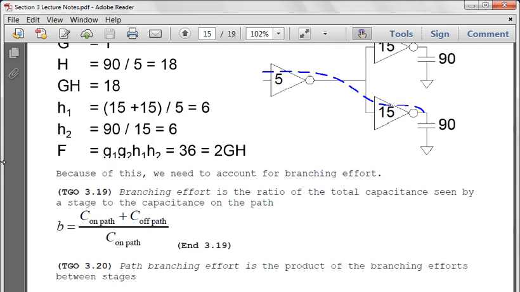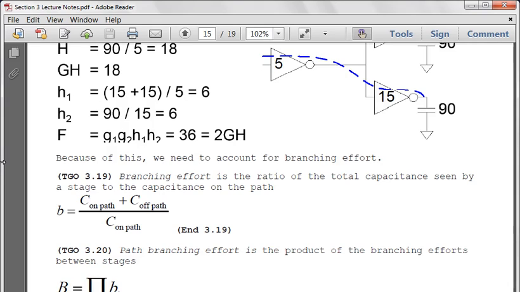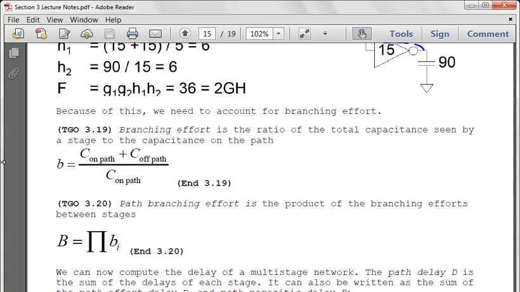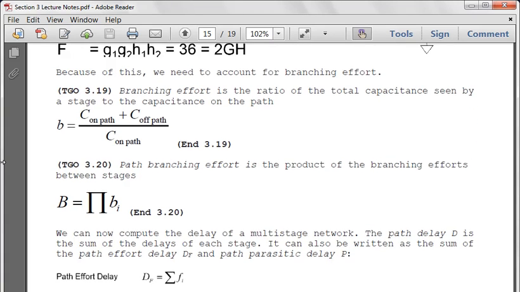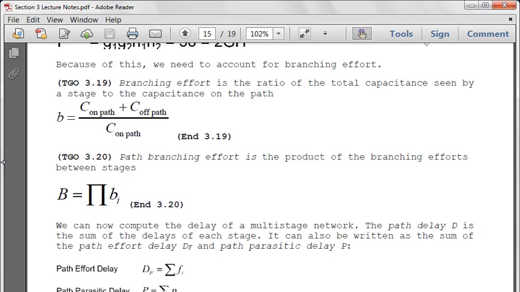Path branching effort is just the product of the branching efforts between stages. And so we're going to calculate our path effort delay and our path parasitic delay, and then calculate our total path delay by adding our effort delay and our path parasitic delay.